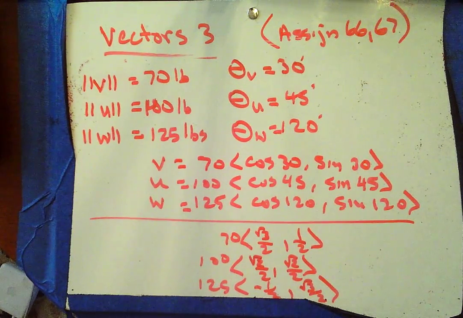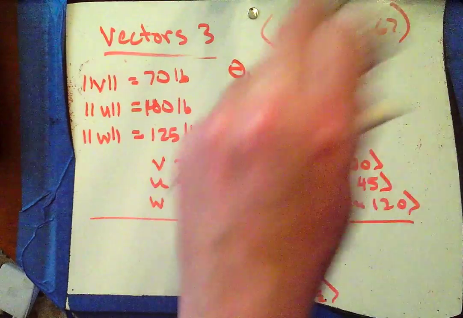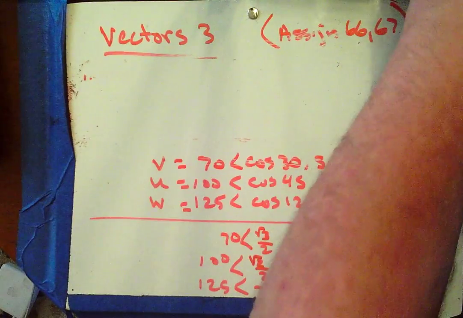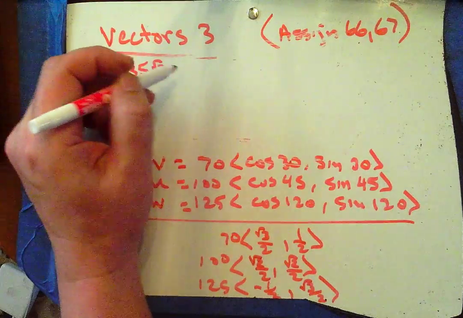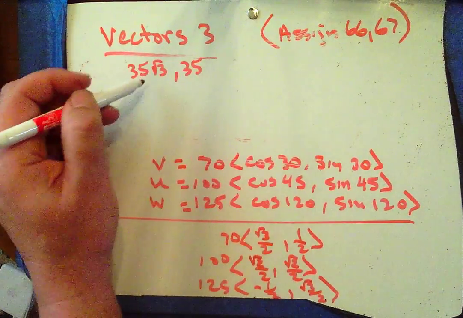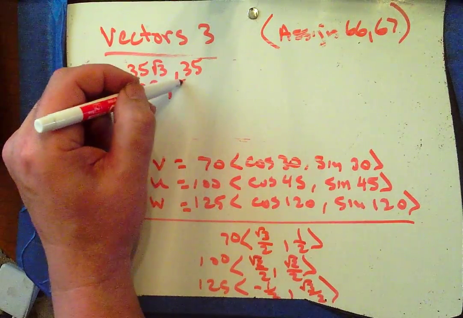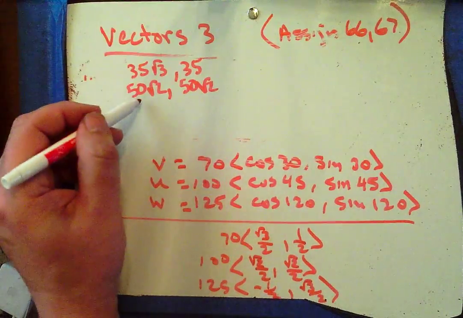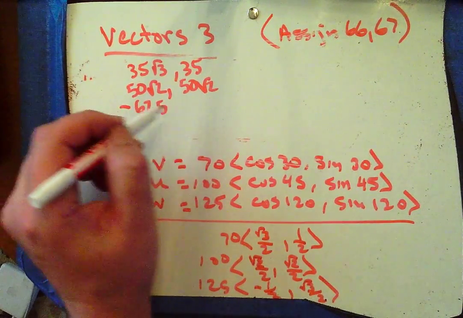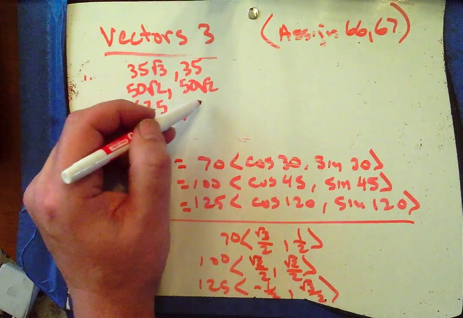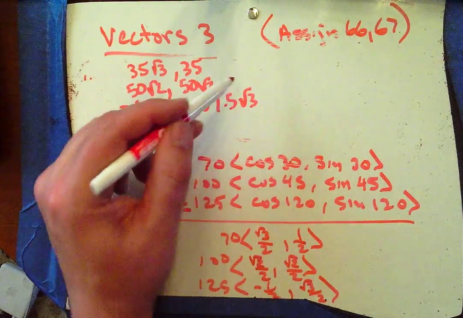Okay, so I can then distribute. And now I'm going to have 35 root 3, comma 35. I'm going to have 50 root 2, comma 50 root 2. And I'm going to have negative 67.5, comma 67.5 root 3.